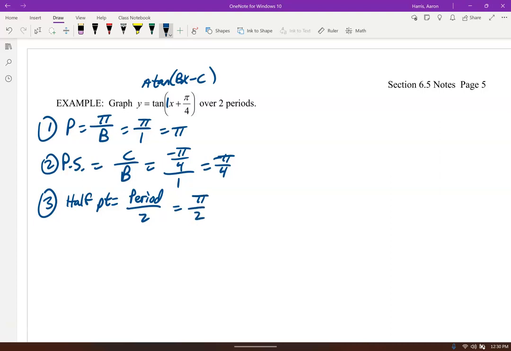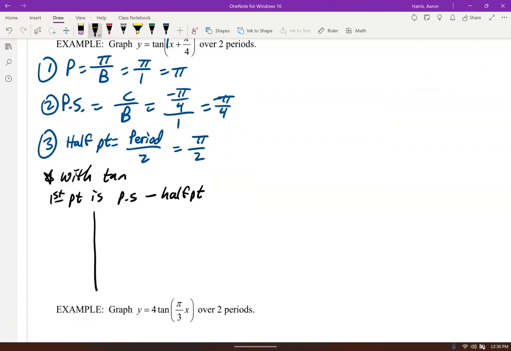And what we'll do with the tangent is the first point is the phase shift minus the half point. Okay?